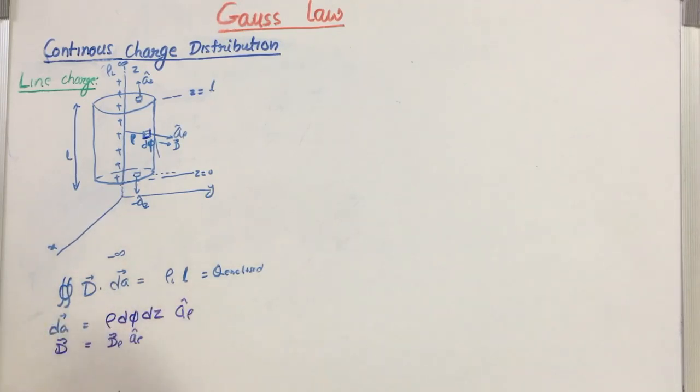According to Gauss's law, put the value here: the surface integral of D rho a rho dot rho d phi dz a rho is equal to the charge enclosed by the Gaussian surface of length L. Now a rho dot a rho will give you 1.